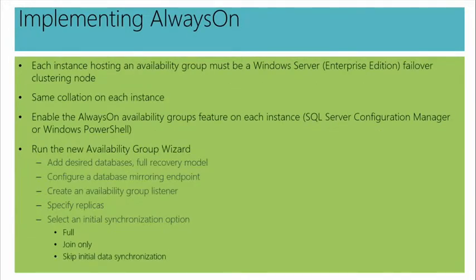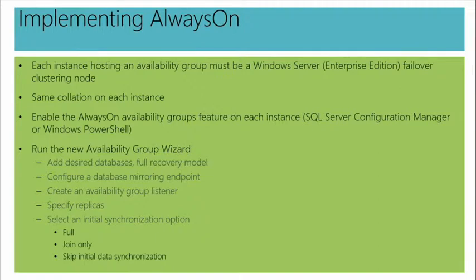That is pretty cool. How do I get this going? What do I need to do to put it together and make it work? So each instance hosting an availability group must be a Windows Server failover clustering node. I have to add the Windows clustering feature. So this is an OS level requirement. And fortunately, building or using the failover clustering feature has gotten a whole lot sweeter over the years.